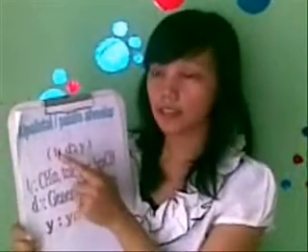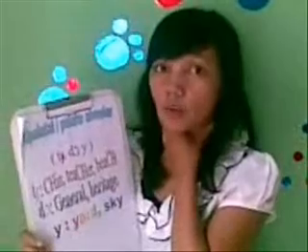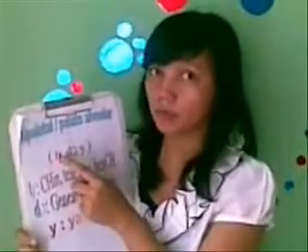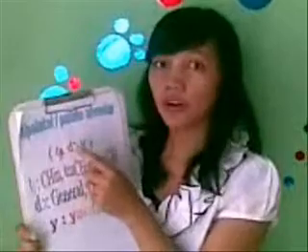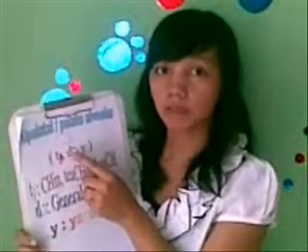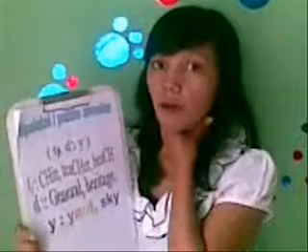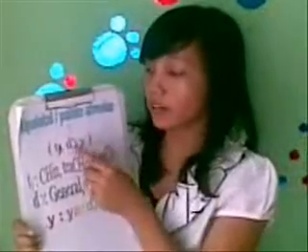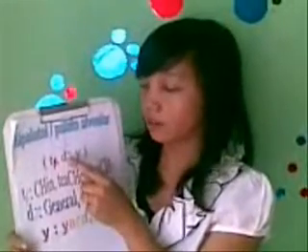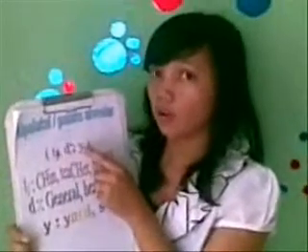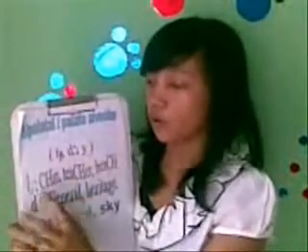For the ch sound, there is no vibration, so we can call this one unvoiced. For the j sound, there is vibration, so we can call it voiced. The y sound is voiced also.